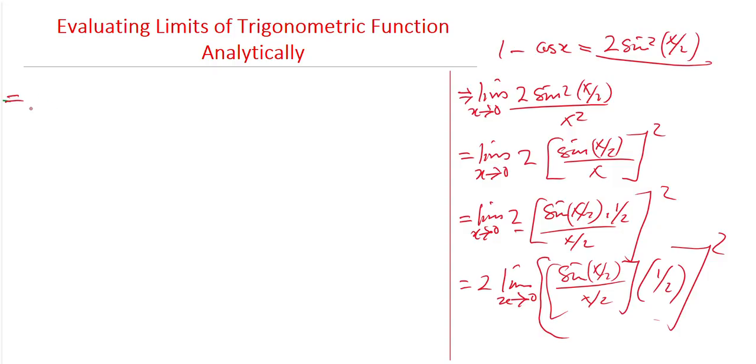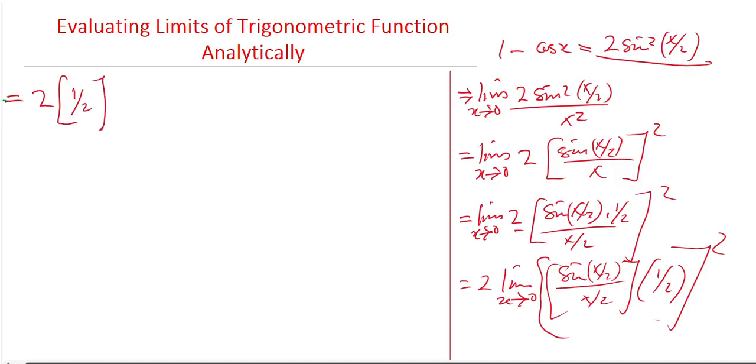So we have 2 multiply 1 over 2 squared, and this will give us 2 multiply 1 over 4, right? And 2 multiply 1 over 4 will give us 1 over 2. So we see that the identity is correct.